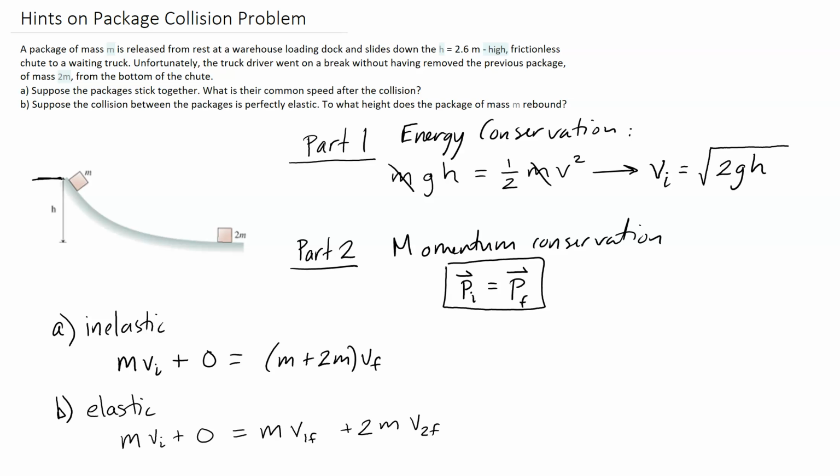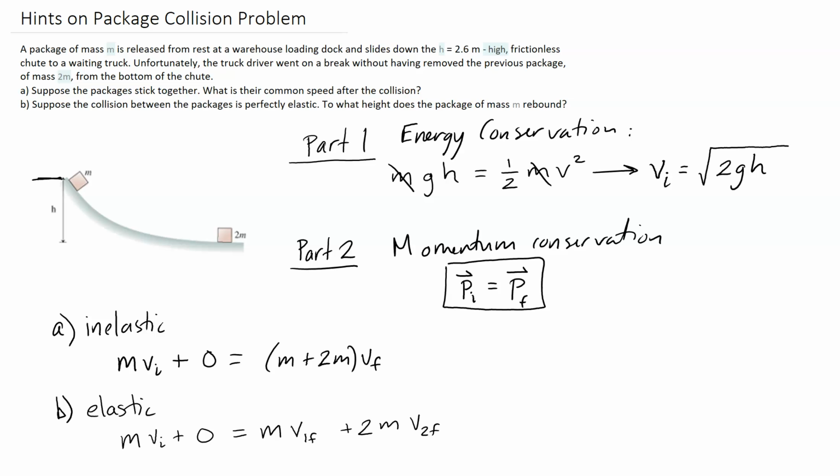package m coming in with velocity initial, and it's hitting a package that has initially no velocity. That is equal to, because it's elastic, they can have separate velocities afterwards. We don't know the direction of these velocities, but we can put them in the equations, and if we get a negative sign for one of them, then we'll know it's going the other way.